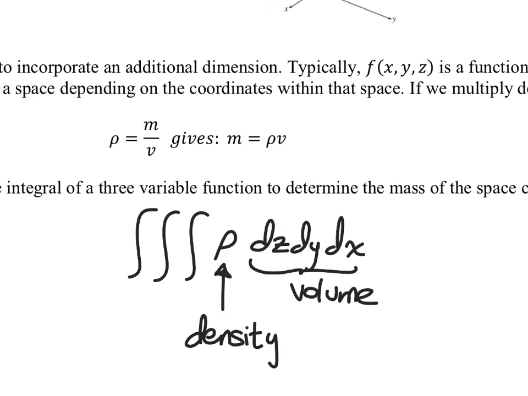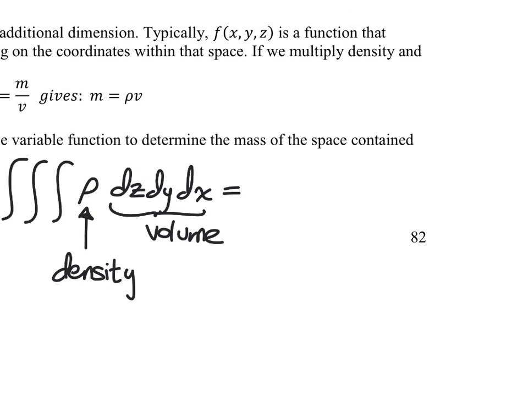The product of density and volume gives us mass. So the triple integral of density over volume gives us, as a result, the combined mass over a space.